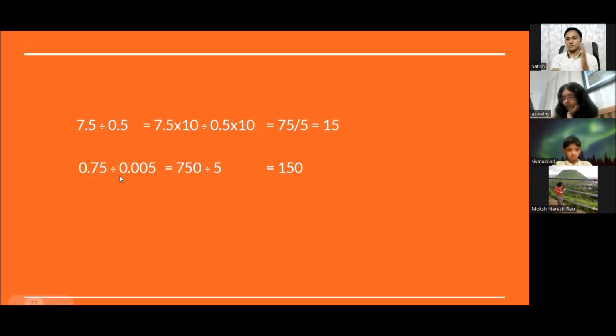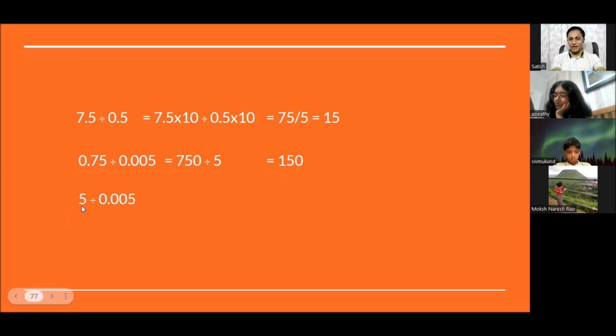Whenever you want to divide two numbers, you remove the decimals. How to remove the decimal? Multiply numerator and denominator. Now you take this 5 divided by 0.005. So you want to remove these decimals. 5 means there is no decimal point. But this 0.005 is a decimal. So with what do you have to multiply numerator and denominator to make this 0.005 an integer? 1000, I think.